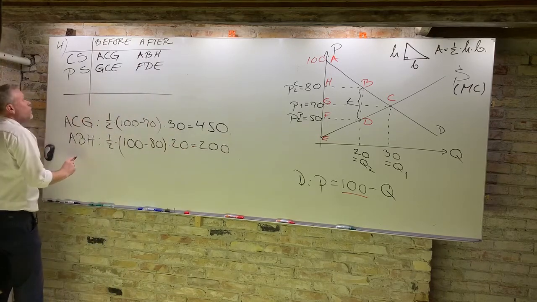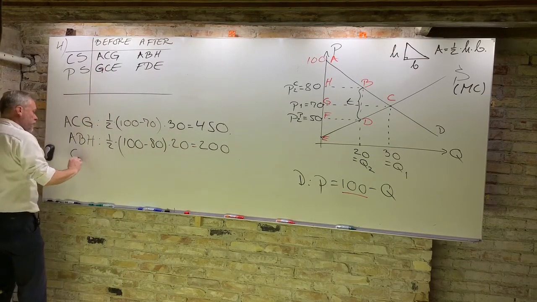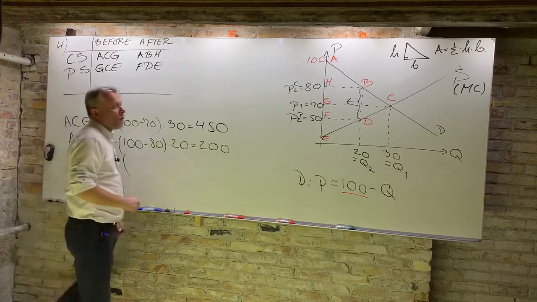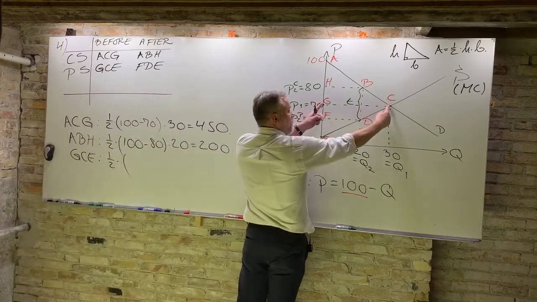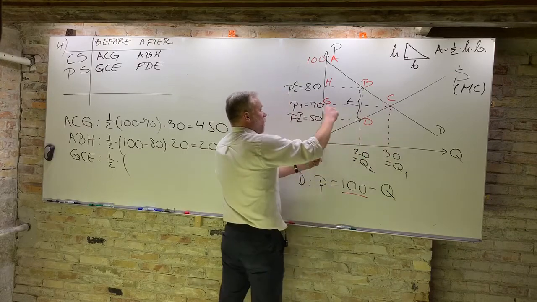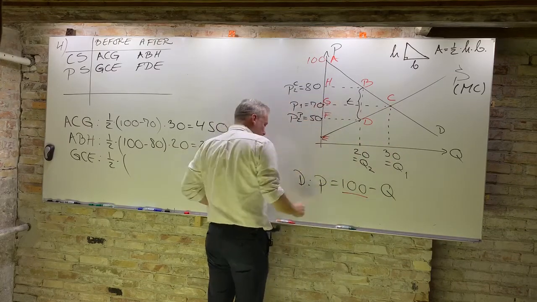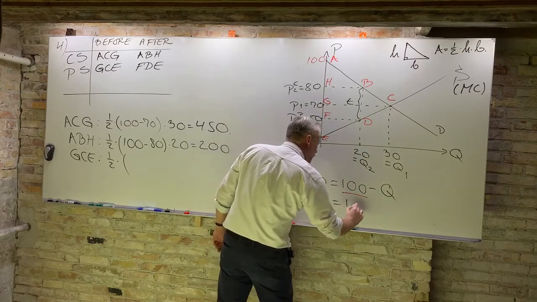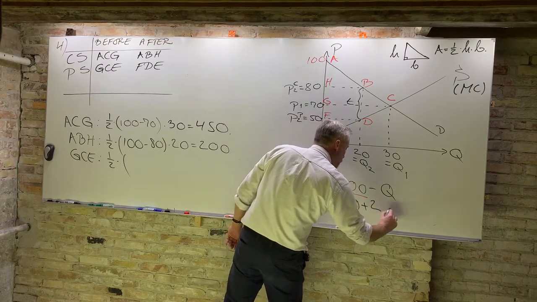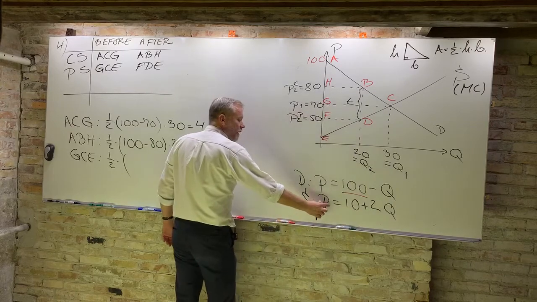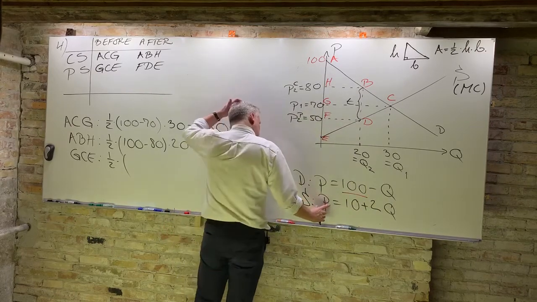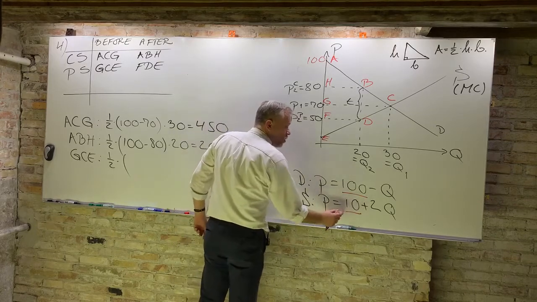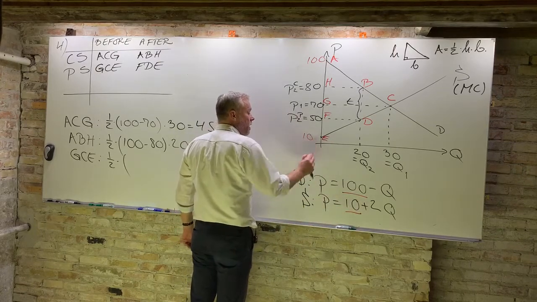If we then go to producer surplus before, GCE, then it's also a right triangle. The base, GCE, is 30. The height we can't directly see, but what we can do is look at supply, which was 10 plus 2Q. Since we've been given inverse supply in the text, since we've got P on the left-hand side, this 10, this constant, corresponds to the vertical intercept.